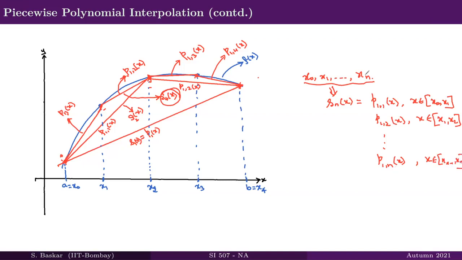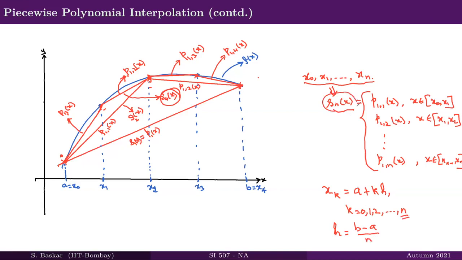So that's the way we construct the piecewise polynomial interpolation Sn(x), where we will take xk to be a plus kh, where k is equal to 0, 1, 2 up to n, and h is defined as (b minus a) by n. So for every fixed n, we have the function Sn(x).